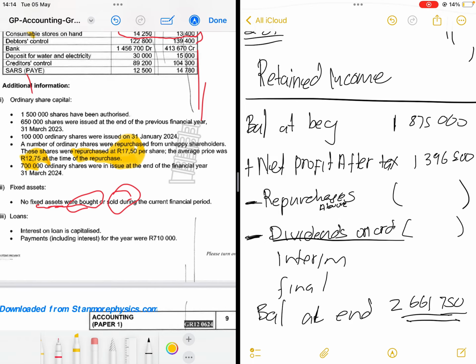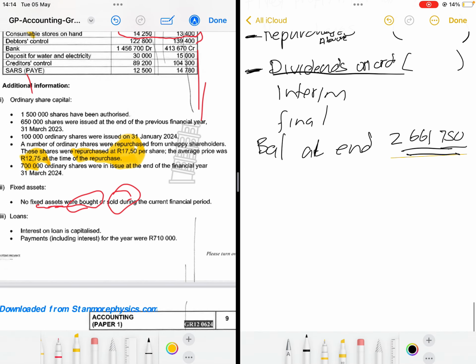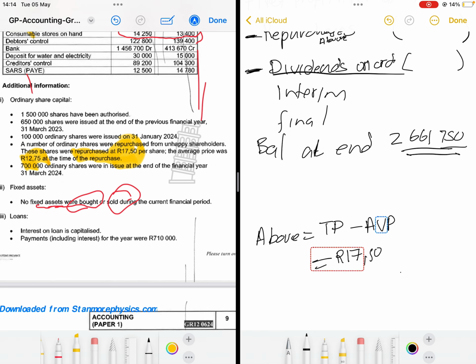So to get the price above average, we take the transaction price, which is the original price at which the shares were bought back, 17 rand 50, minus the average price of 12 rand 75.